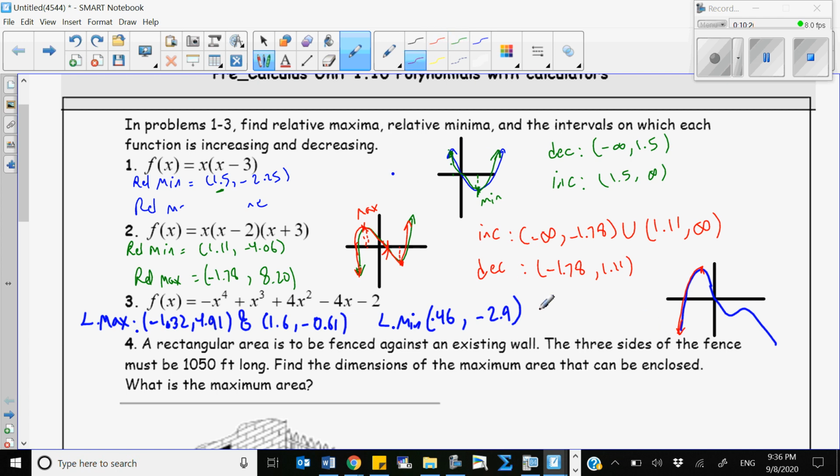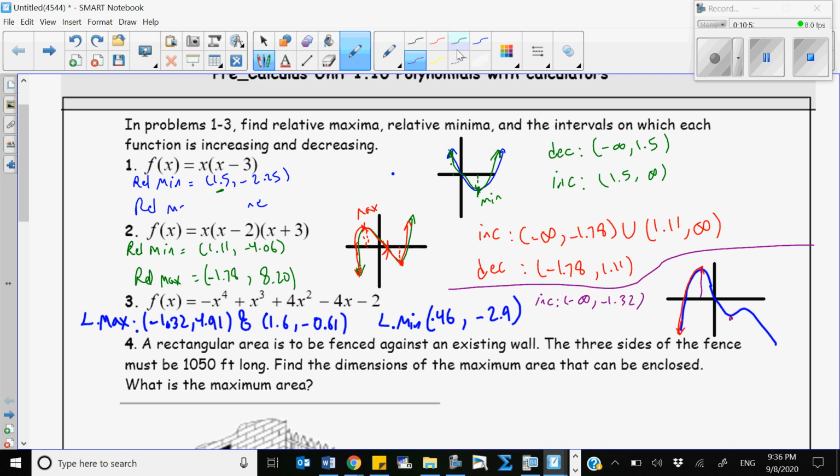Let me write that here. This is for the previous problem. Now here, the increasing area starts from negative infinity and ends at the x value of this maximum point, which is negative 1.32.